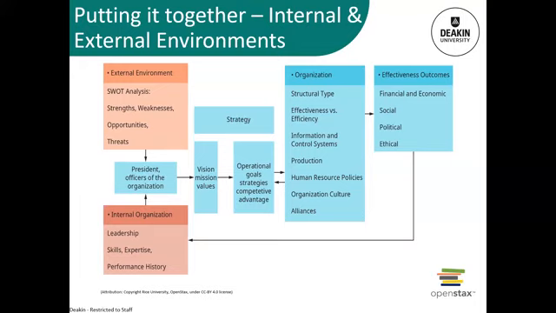And then they would measure those outcomes. How effective are they? And they'd look at their effectiveness in terms of the finance, the social policies, the political policies, ethical policies, and that would feed back again into influencing their strategy. So you can see those arrows connecting all those different components together.